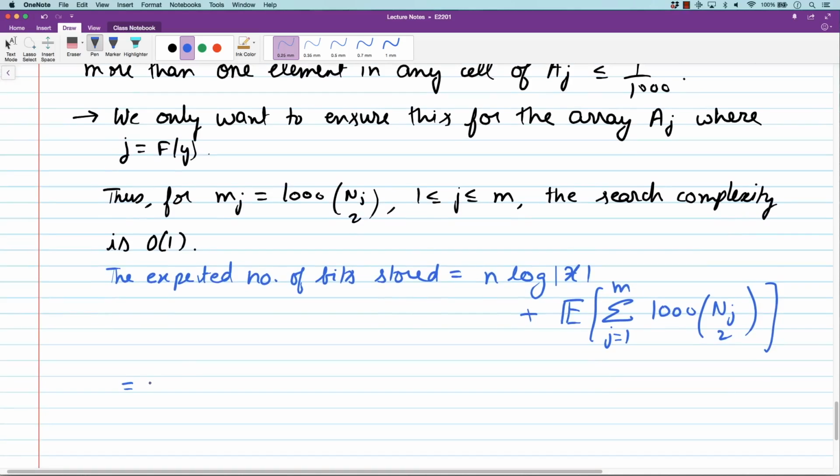So we'll just analyze this last part here. This part is constant.